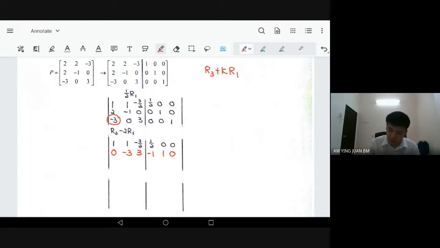So kindly substitute the situation. We have negative 3 plus K referring to row 1. We have 1 and then it must be equal to 0. So K is equal to 3. So kindly substitute the formula. So here we have the formula.